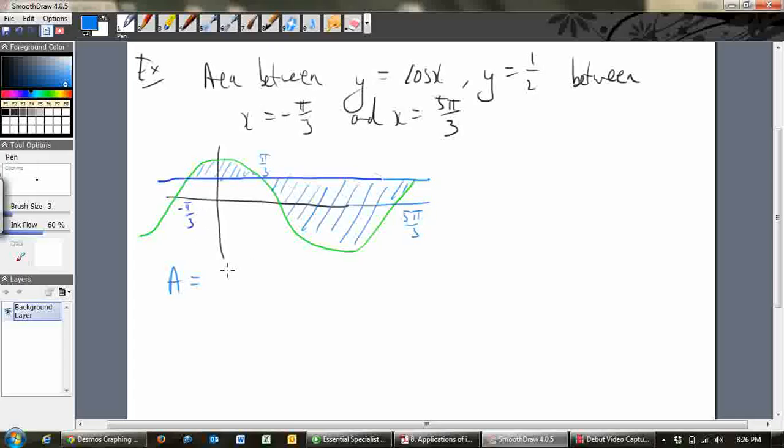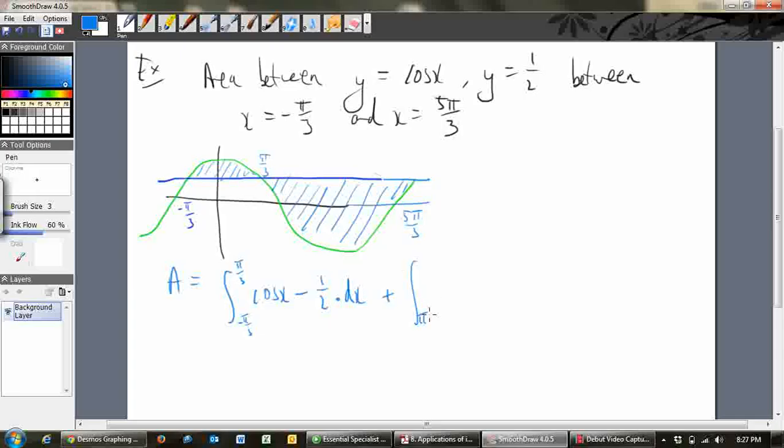So your area will be equal to, let's do the first chunk first. It'll be between negative pi on 3 and pi on 3, and the top function is cos x minus the bottom function, y equals a half, so minus a half dx. Right, let's add the second lot.